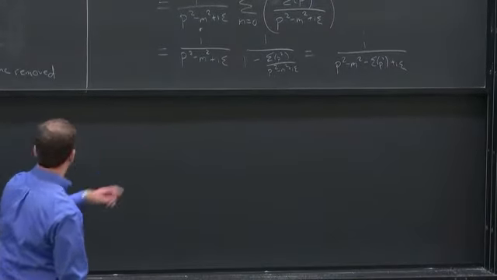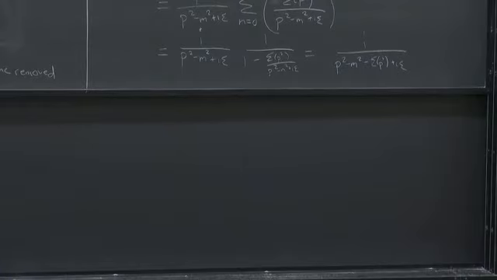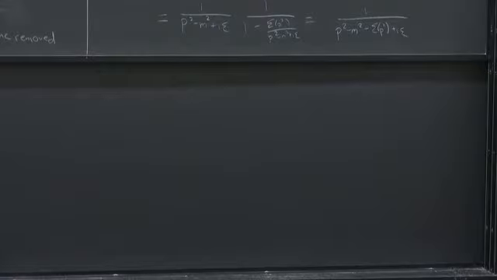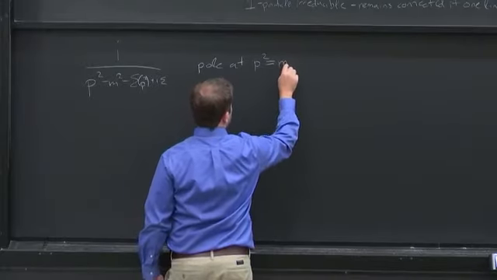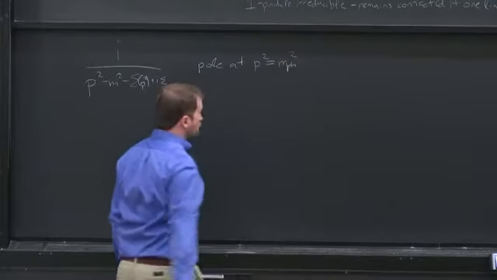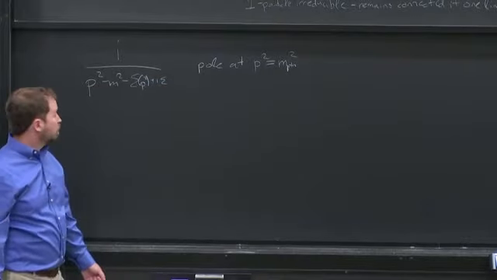So if we want i over p squared minus m squared minus sigma of p squared plus i epsilon to have a pole at p squared equals m physical squared, well, we need to know two things.